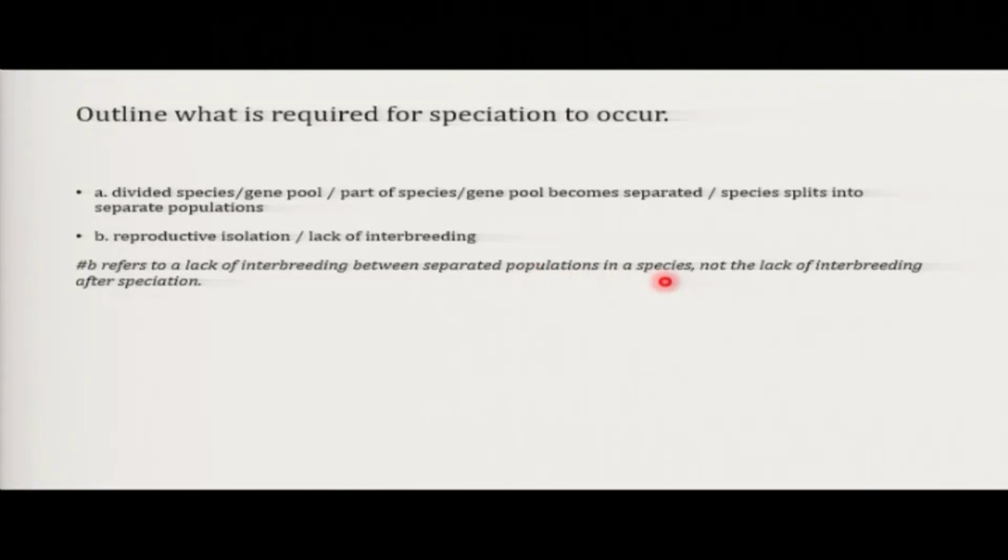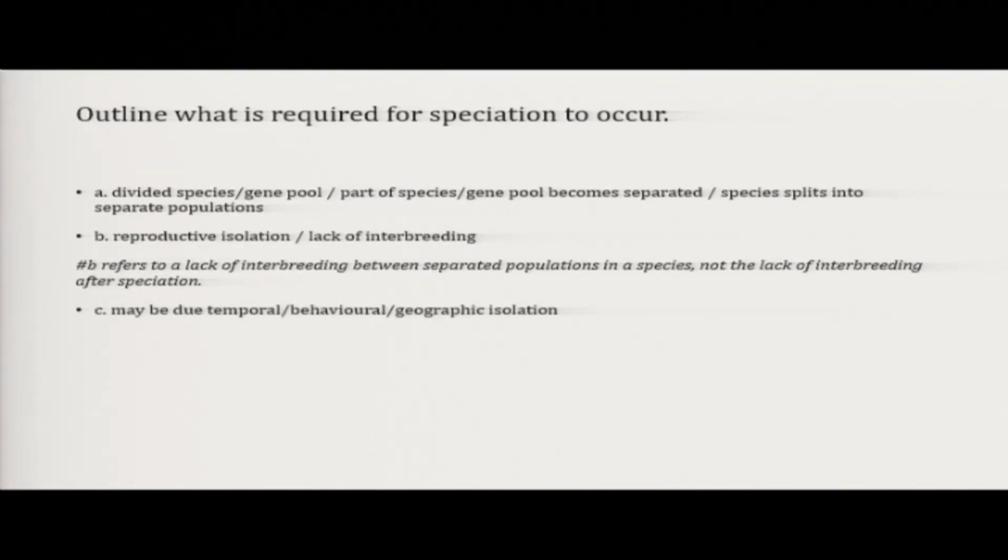Lack of interbreeding after speciation and lack of interbreeding between separate populations are two separate scientific statements. Look at them again. Separate populations and lack of interbreeding after speciation are different. So check that. Very strong scientific sentence.